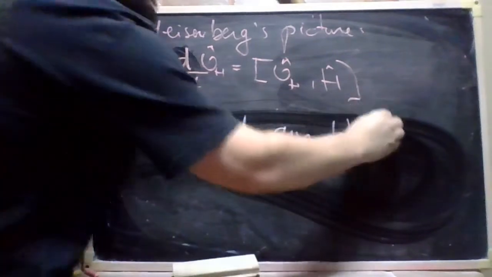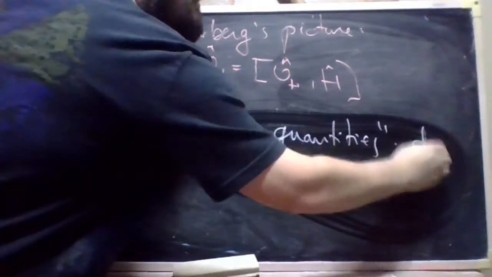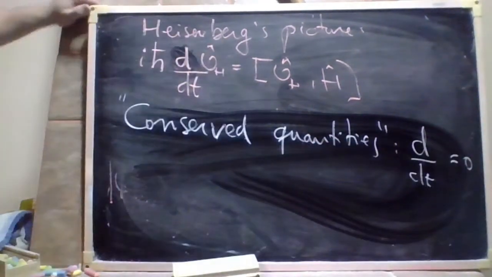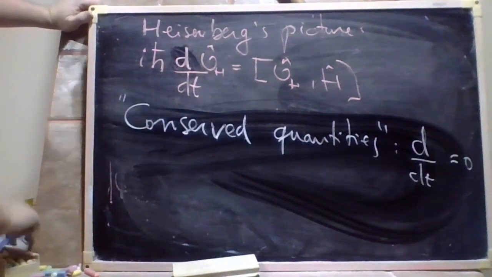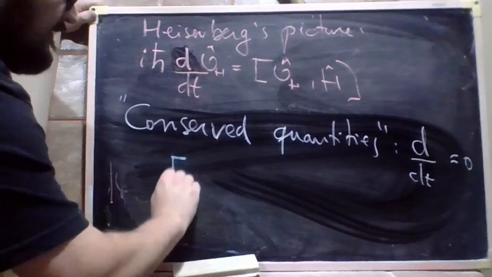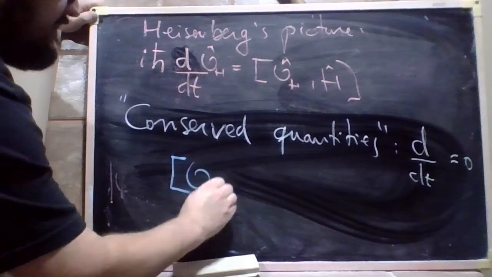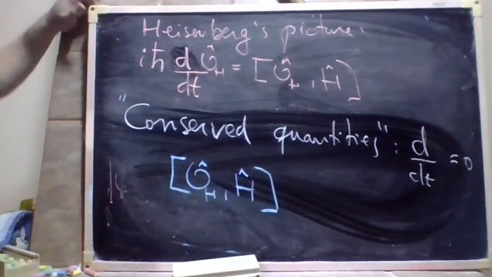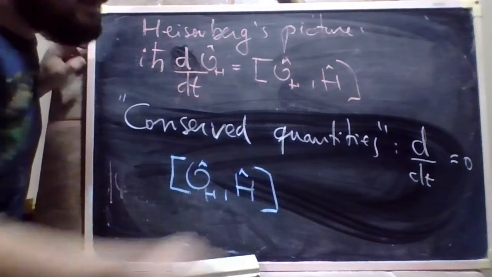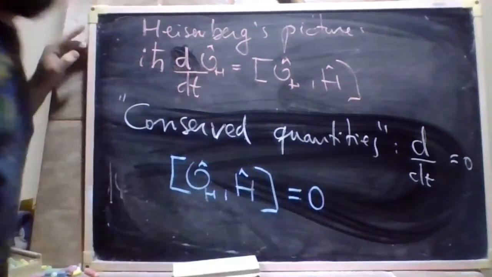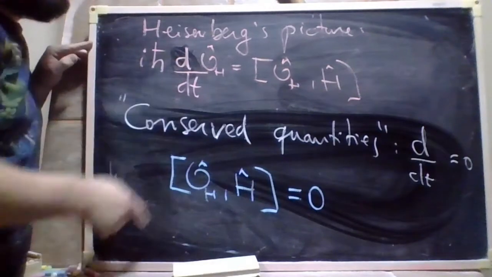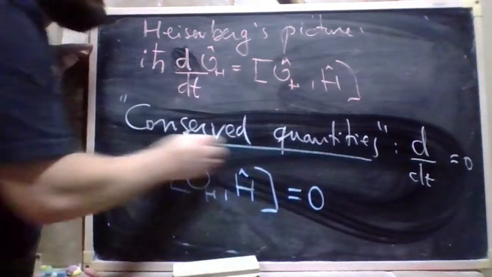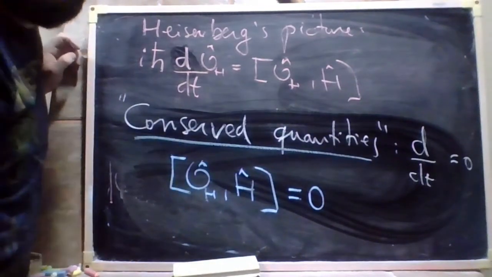If something is conserved, its time derivative is equal to 0. So for conserved quantities, the commutator of the Hamiltonian with that operator must be equal to 0. That way, the time derivative of that operator is 0, and that physical observable is said to be conserved.